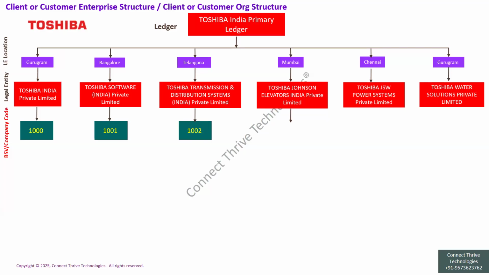For elevators and lifts, we will give 1003. For JSW Power Systems, power tools and the like, it's 1004. For water solutions related entities, we will give 1005. So these are the company codes or entity values.